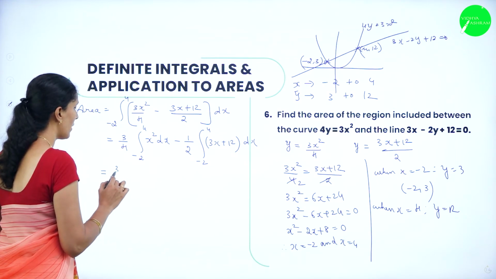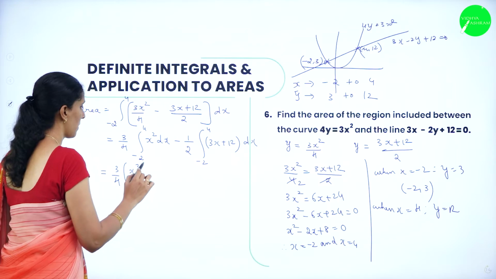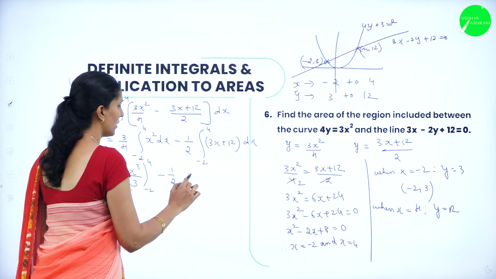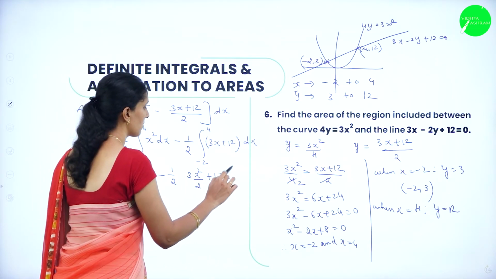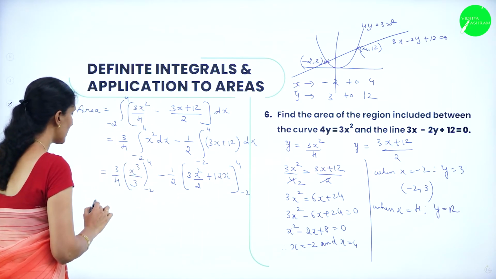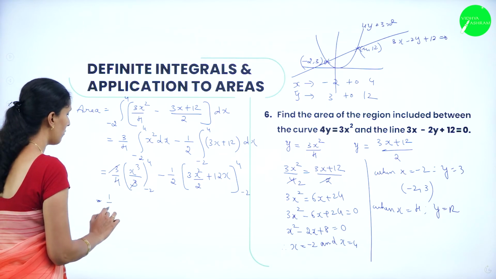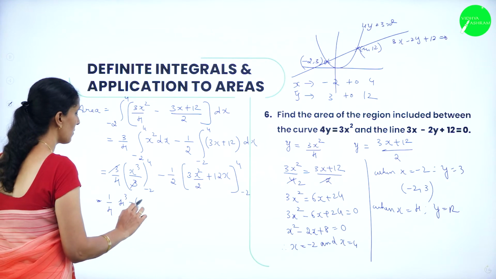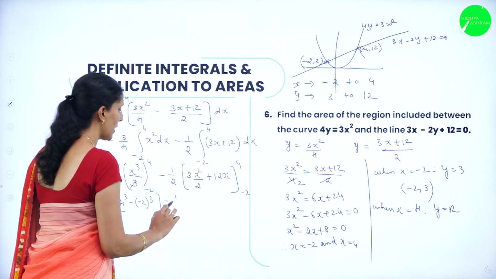So I'll get the value as 3 by 4 times x cube by 3, from minus 2 to 4, minus half times (3x square by 2 plus 12x), from minus 2 to 4. So calculate here, 3 and 3 get cancelled here. So we have 1 by 4 outside, x cube is 4 cube minus minus 2 whole cube. And we have here minus half.